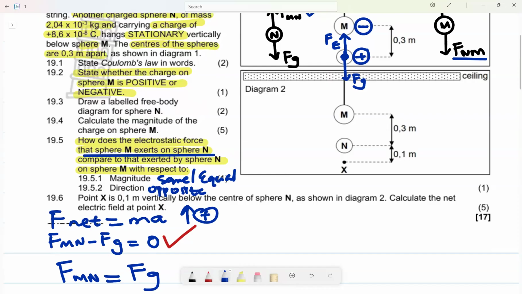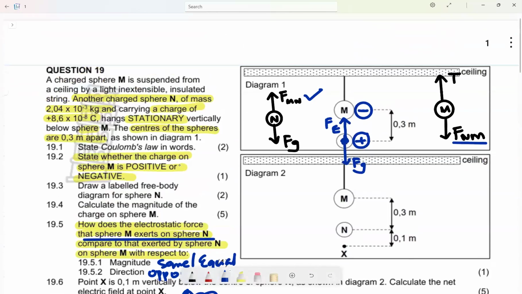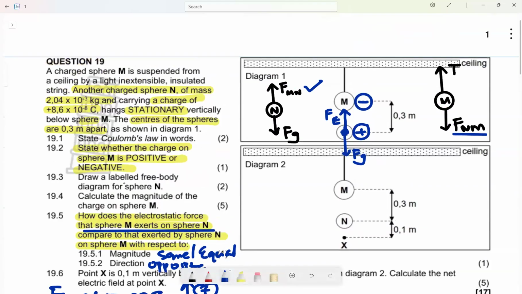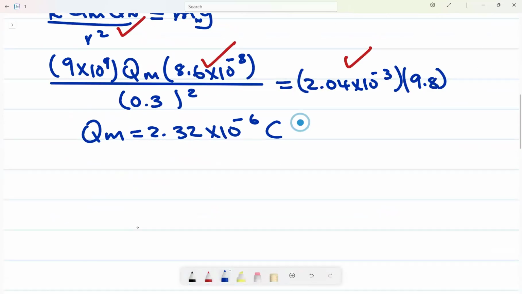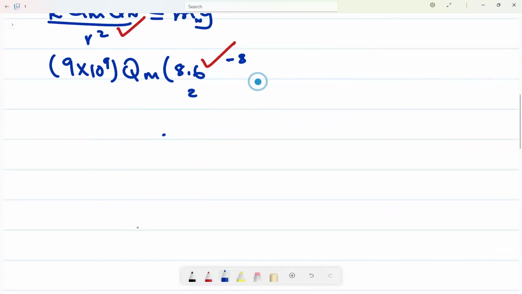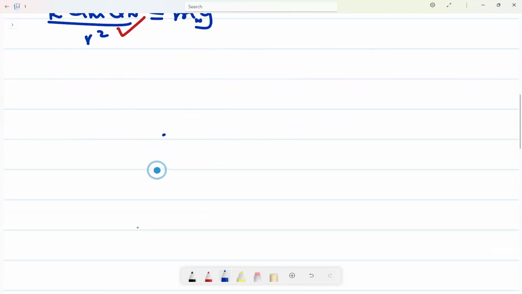We need to compare, okay? Magnitude is the same, direction is opposite. Can you see? This one is up, this one is down, but the force is the same. I want to believe you're following. Okay, let's erase that and leave space for a new calculation.